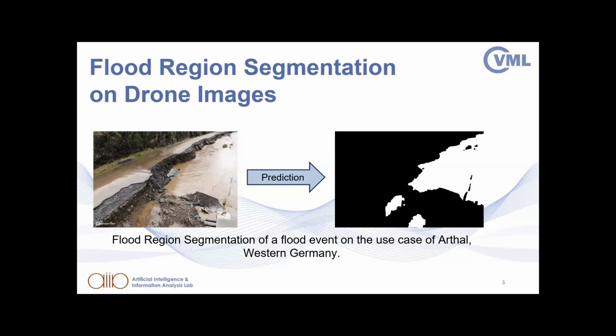In this case, the black and white mask identifies the flooded areas, with the white regions highlighting where flood has occurred. This mask is generated by deep learning models that analyze the visual data pixel by pixel to determine which parts of the image correspond to water or other relevant features.